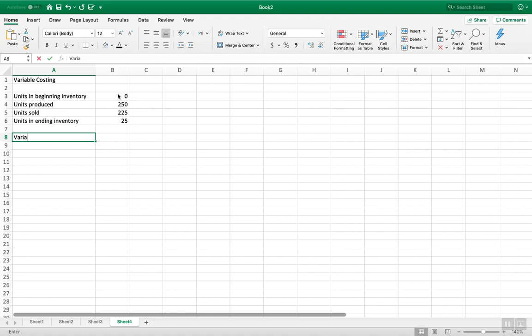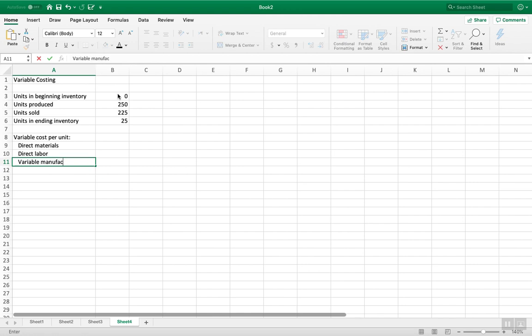Now we're going to look at our variable cost per unit. And if you remember from previous chapters, we have direct materials, we have direct labor, and we have variable manufacturing overhead. We also have variable selling and administrative.